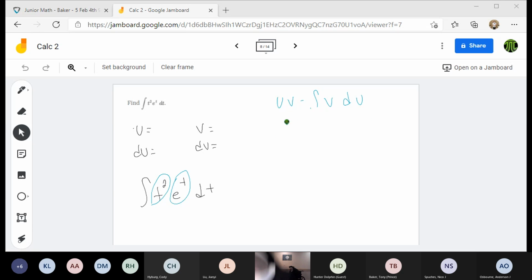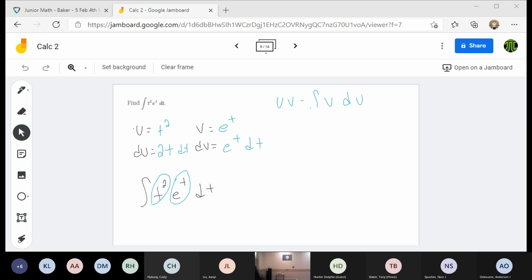So what we wanted to do is my dv is e to the t, and my u is t squared. So the derivative of t squared is 2t. The integral of dv, dt, the integral of e to the t is just e to the t.